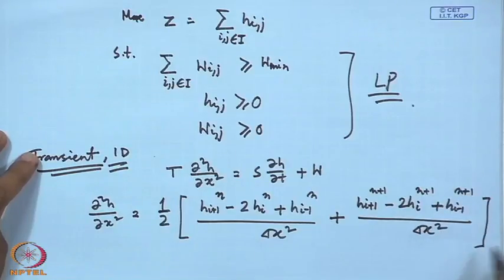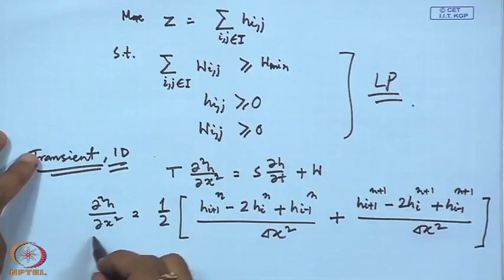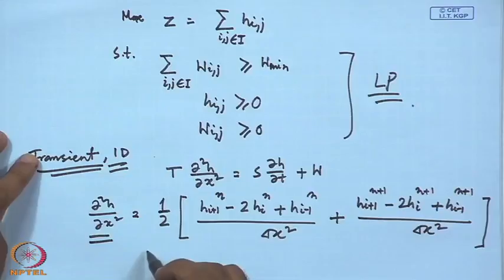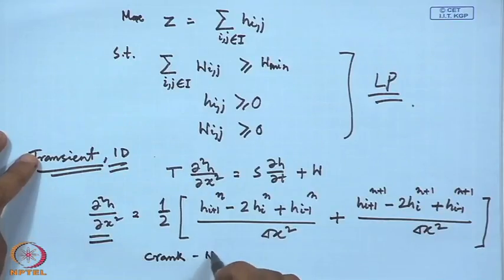So, for the second order derivative we are using this Crank-Nicolson scheme.